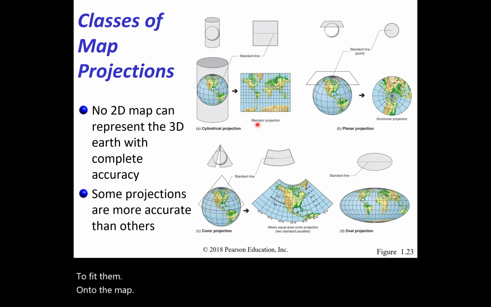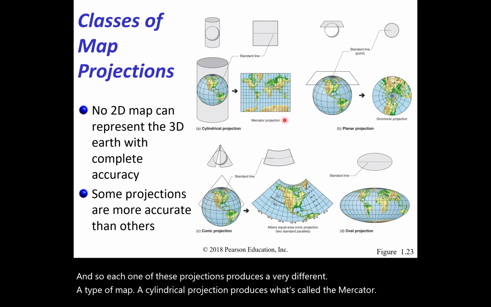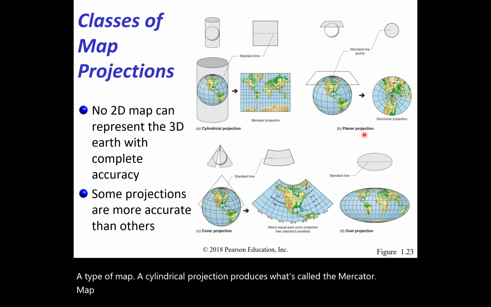And so each one of these projections produces a very different type of map. A cylindrical projection produces what's called the Mercator map, a Mercator projection.